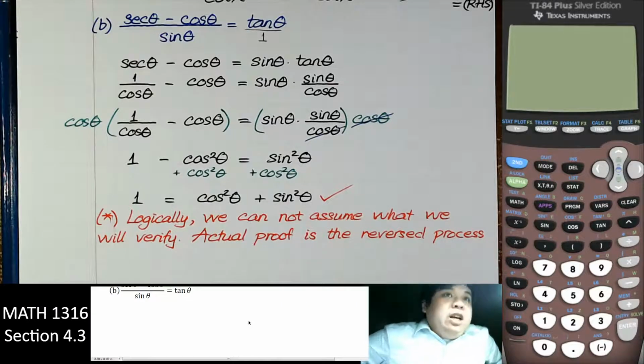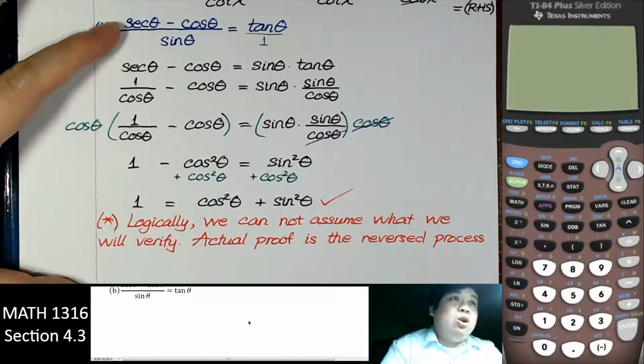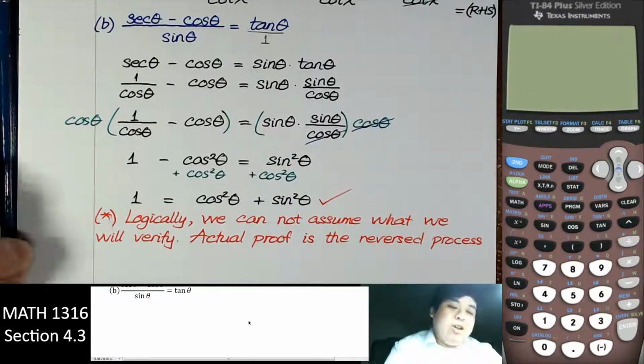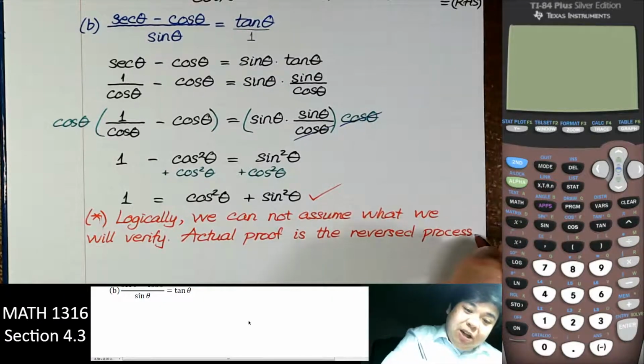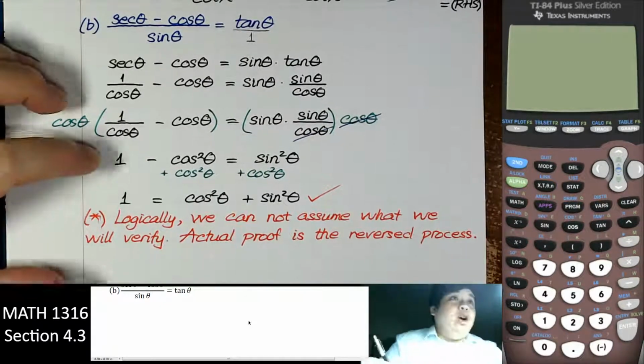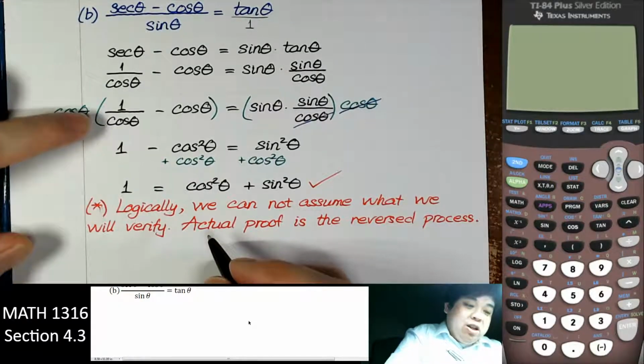The actual proof is the reverse process, meaning that we start with something we know and we end up with something we need to prove, and that logically works just fine. Not the old school proof, but certainly works. So I just write all of this in reverse.